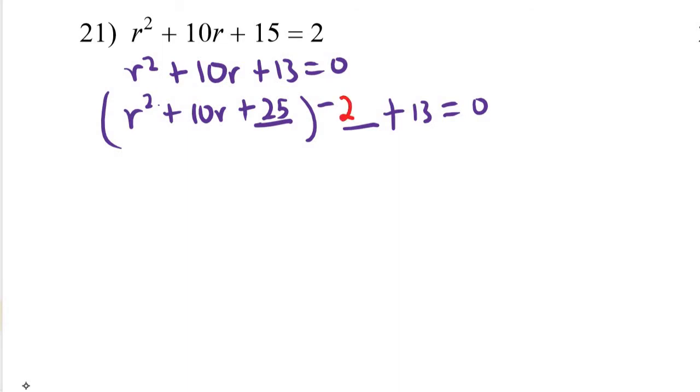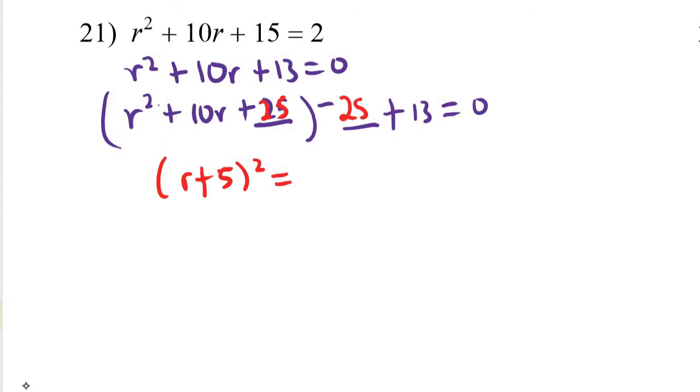Add 25 and subtract 25. So we're going to do both. And then this will be r plus 5 squared, and then this will be 25 minus 25 minus 13, which is negative 12.